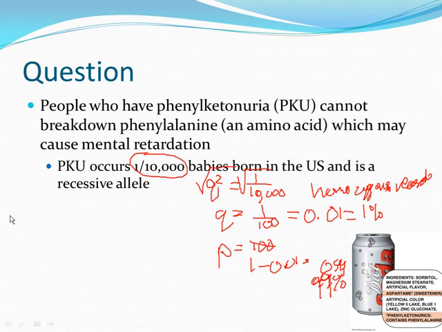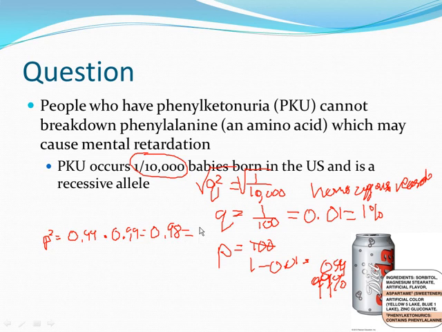That piece, p squared, is what you're asking. So p squared equals 0.99 times 0.99, which is 98%.